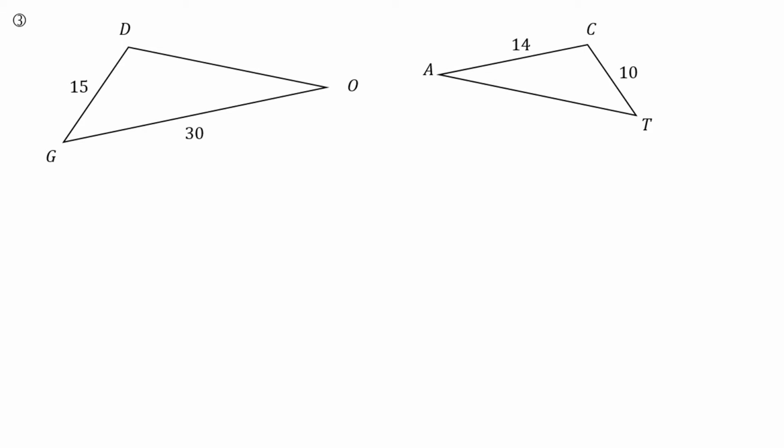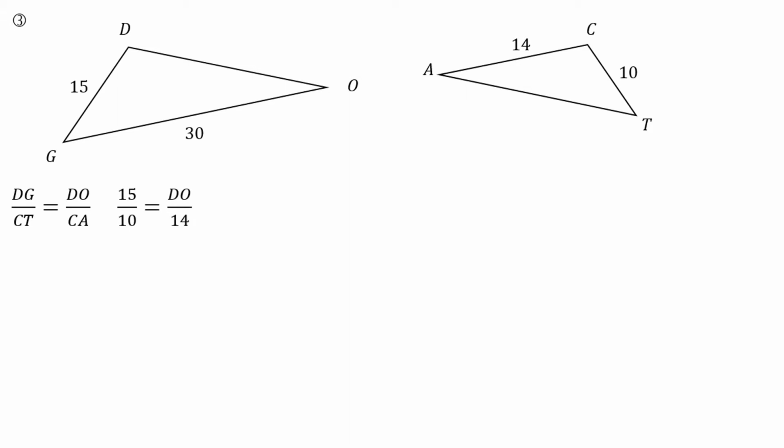Question 3. First, I need to set up a proportion. Since I'm trying to find side DO, the proportion needs to include side DO. Since I don't know side AT, the proportion better not include side AT, right?